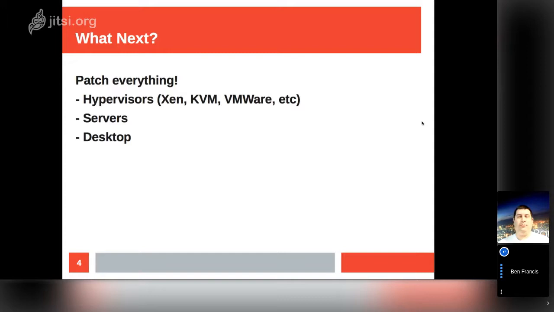AMD was free from Meltdown, the Intel vulnerability, because they don't do speculative execution, but they are vulnerable to Spectre just because of the way chips were designed since 22 years ago. I've spent most of my time with Meltdown, and what I know about Spectre is what I just told you. Can anybody help us out on Spectre?